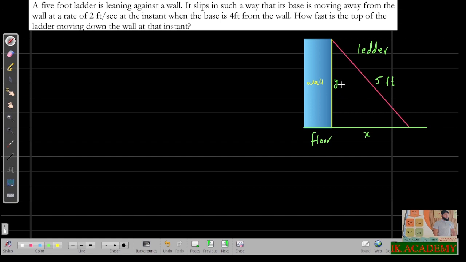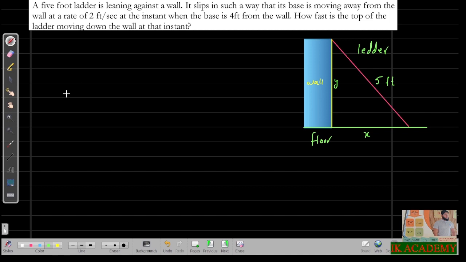So the wall is the y-axis and the floor is the x-axis. How fast is the top of the ladder moving down the wall at that instant?